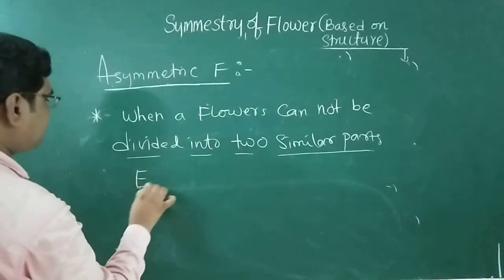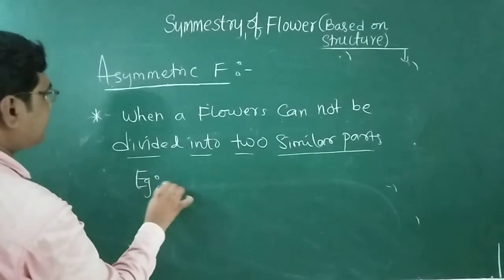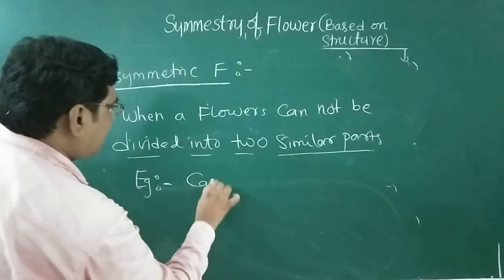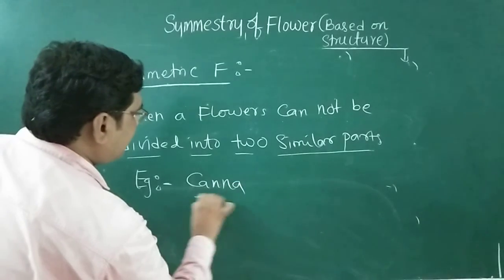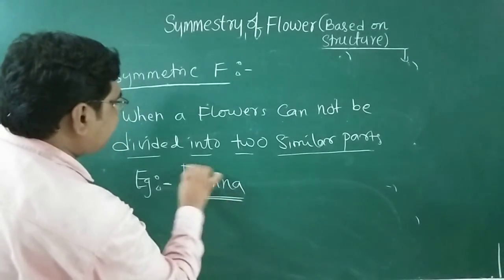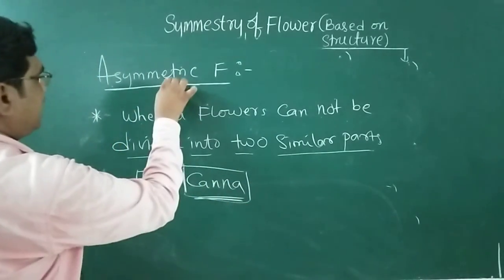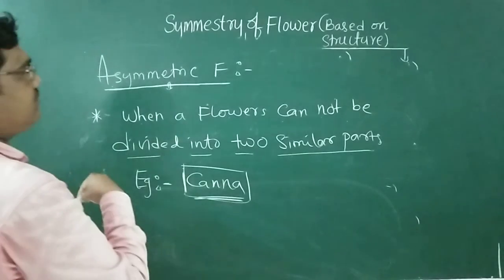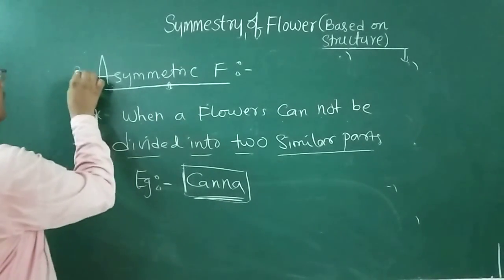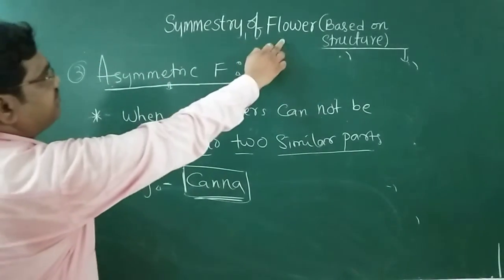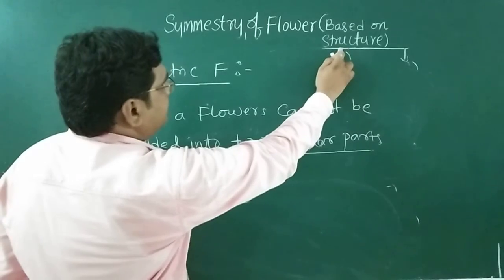What are the examples of asymmetric flowers? Canna is the example for asymmetric flowers. This is the third type of symmetry of flowers based on the structure.